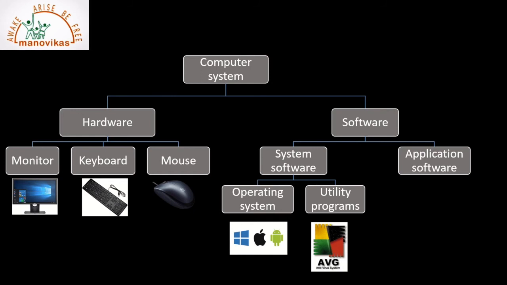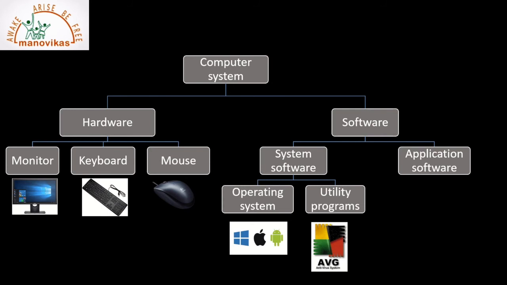It is a link between the user and the hardware. We cannot access the hardware directly, so the operating system helps us to access the hardware. Operating systems are Android, iOS and Windows.